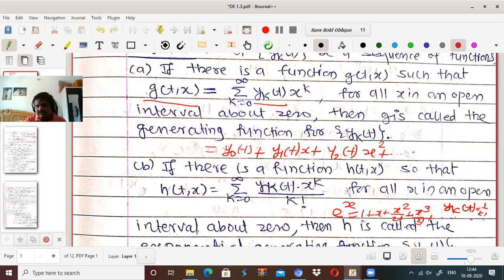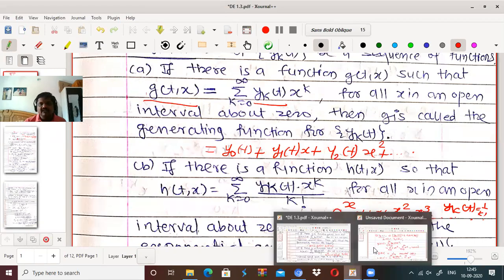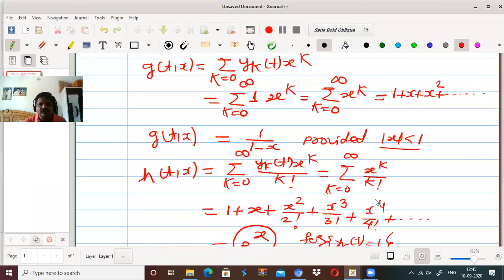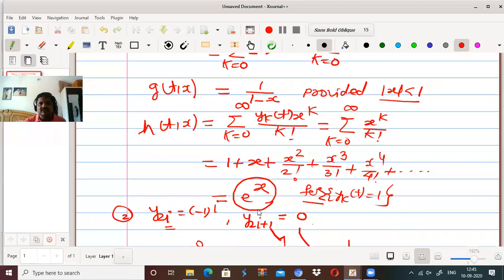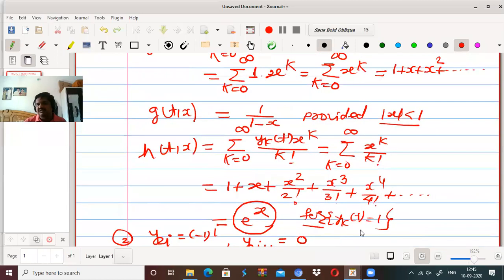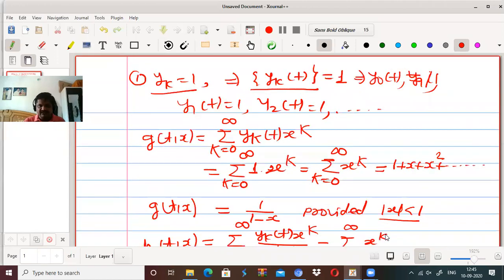Generating function for 1 upon k factorial and exponential generating function for only 1, that we have already seen in this example. Here we wrote that e to the power x is the exponential generating function for ykt equal to 1. We can also say that it is the generating function for 1 upon k factorial. So this is the method to obtain generating function and exponential generating function.